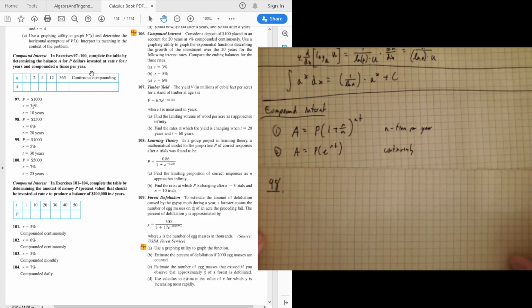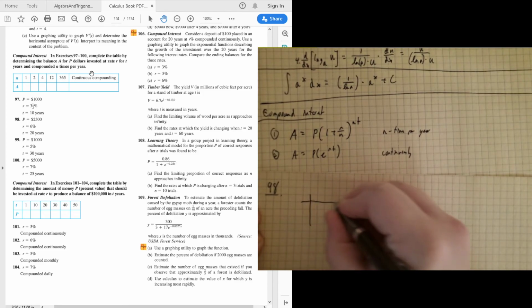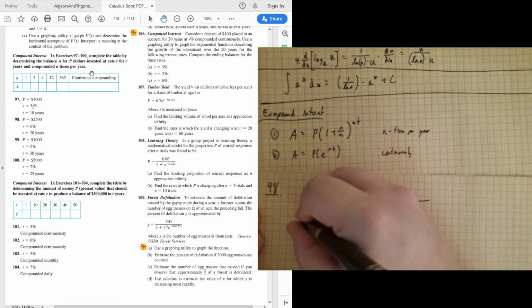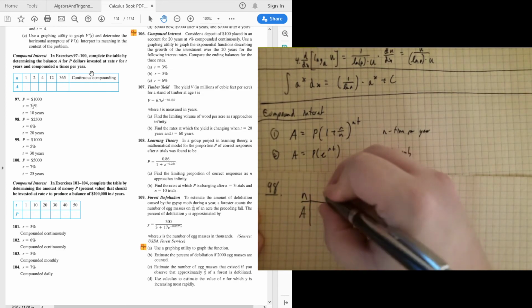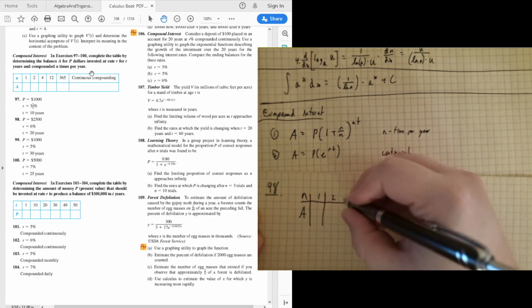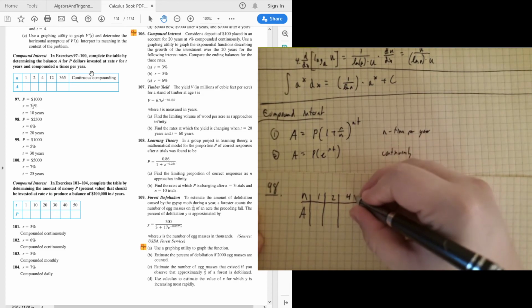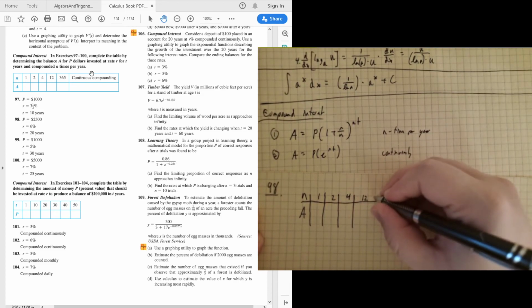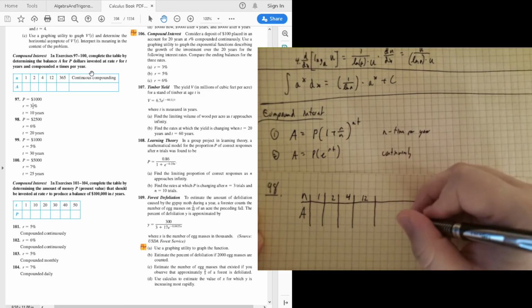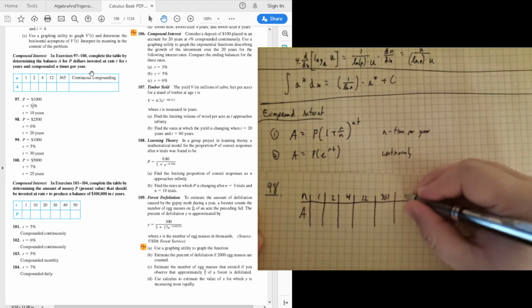Basically, it's going to turn into doing a table. Let's kind of showcase how this is done. We have n over A. We have for 1 time per year, 2 times per year, 4 times per year, 12 times per year, 365 times per year, and then continuously.